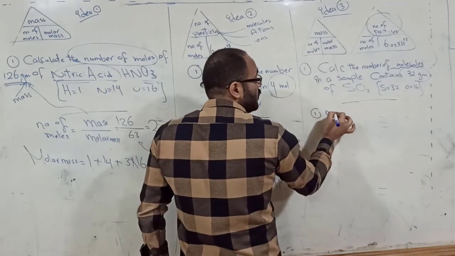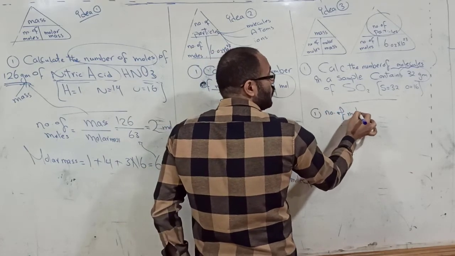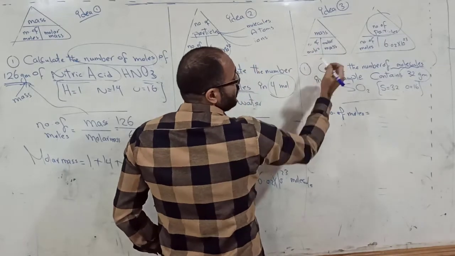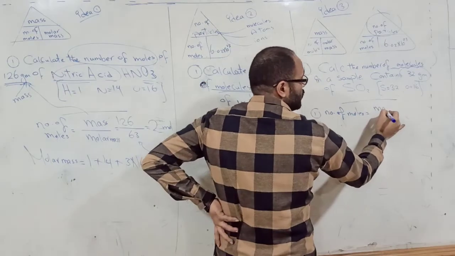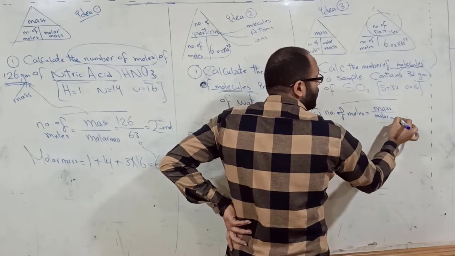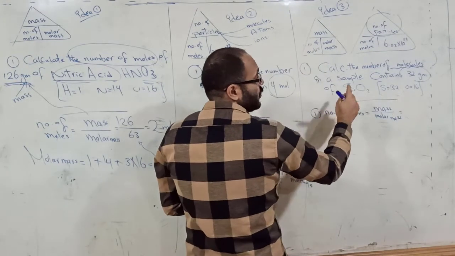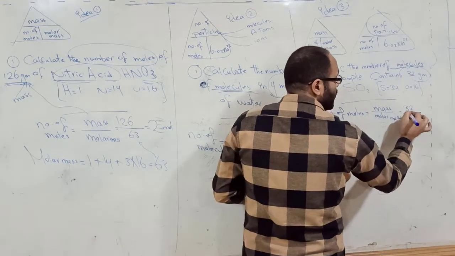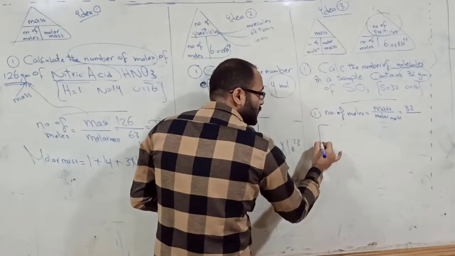Number 1: number of moles equals mass divided by molar mass. Mass, given in the problem, is 32 gram divided by molar mass.